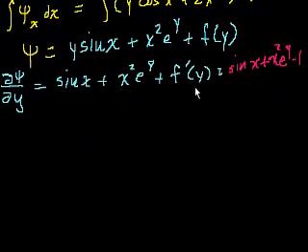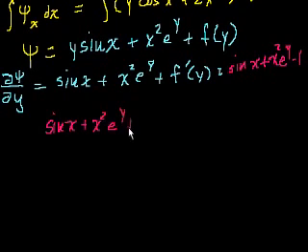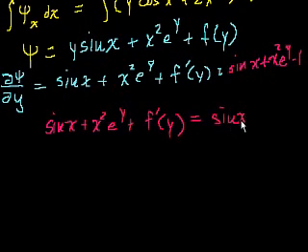And now we can solve for f prime of y. We get sine of x plus x squared e to the y plus f prime of y is equal to sine of x plus x squared e to the y minus 1. We can delete sine of x from both sides, and x squared e to the y from both sides.